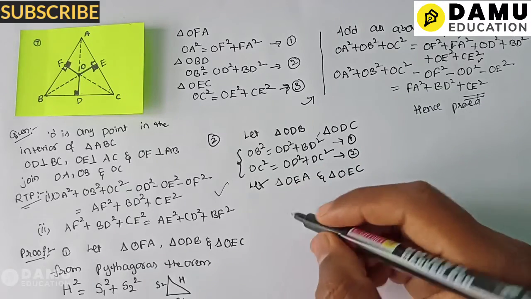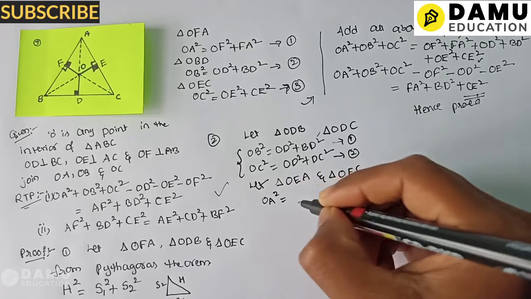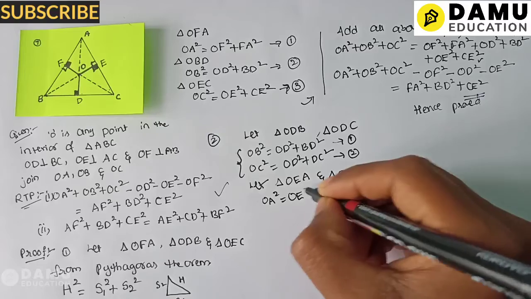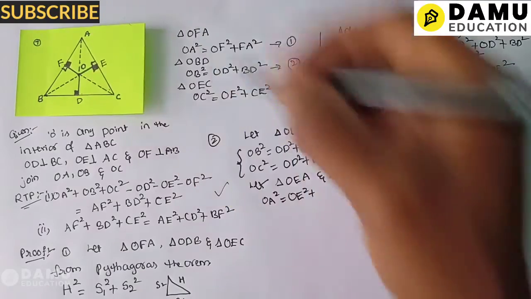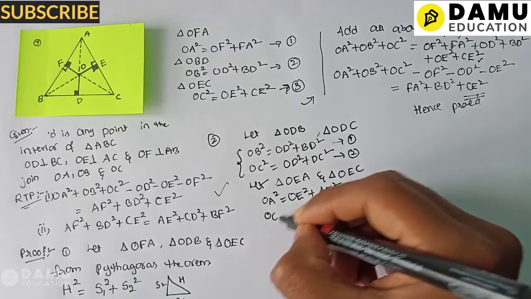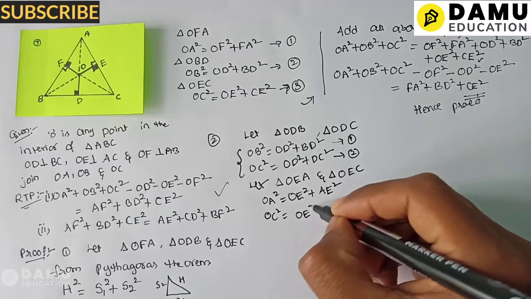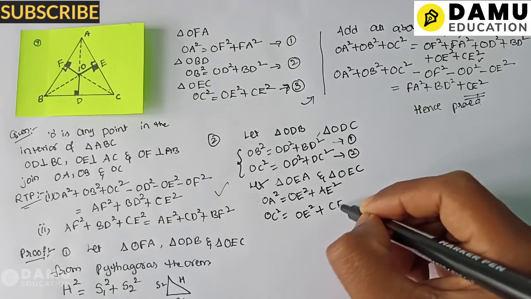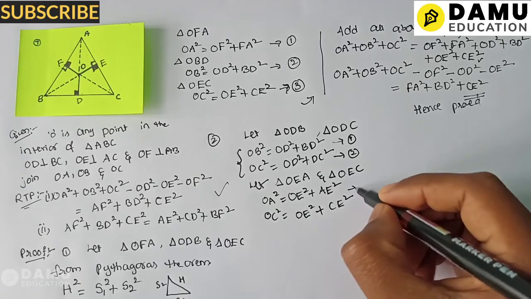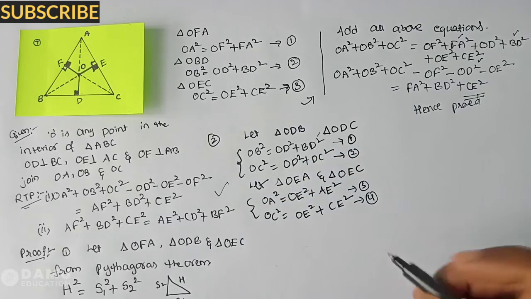In both the triangles, OA square will be equal to OE square plus AE square, and OC square will be equal to OE square plus CE square. So this is the third and fourth, this is the set of second one.